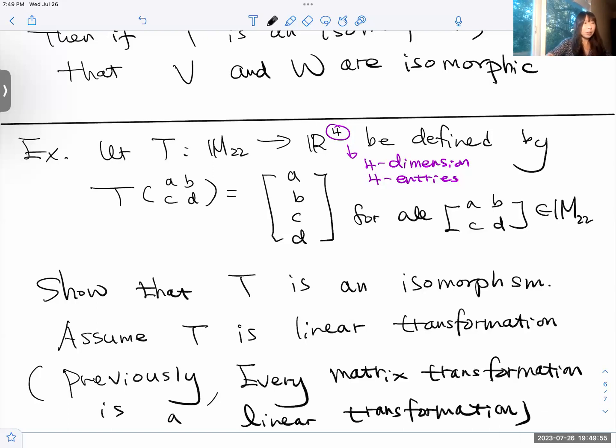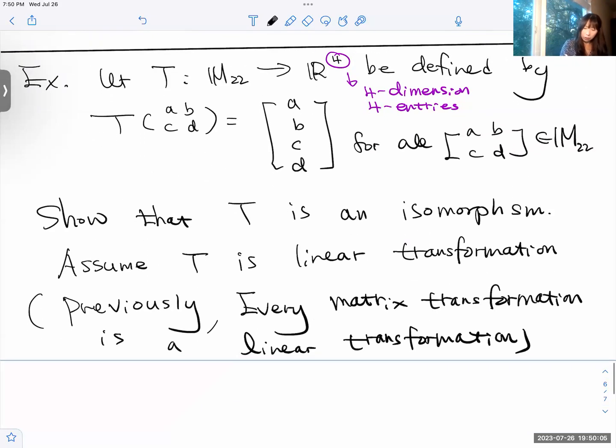Okay, now we show that T is one-to-one and onto. So we are using the equivalent definition. So show that T is one-to-one.